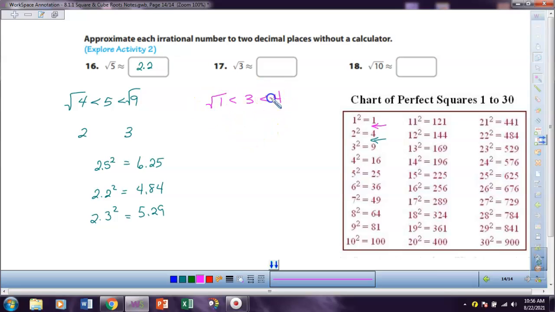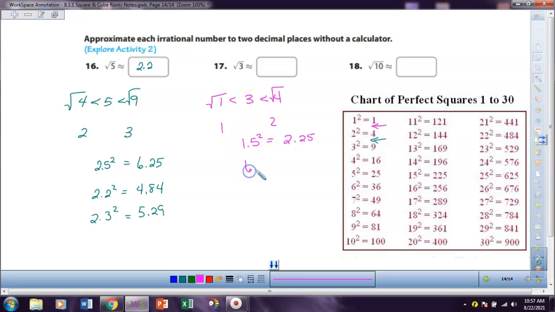The square roots of these would be 1 and 2. So it's going to be between 1 and 2. If we start with 1 5/10 and square that, I get 2 25/100. I know that 2 25/100 is less than 3, so I'm going to go up from here.